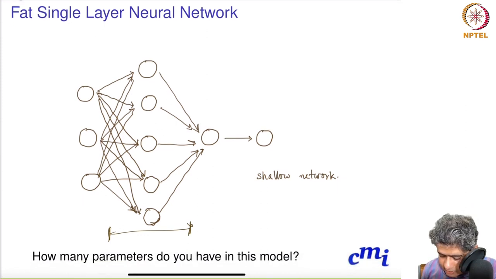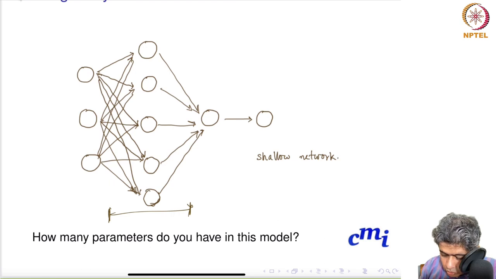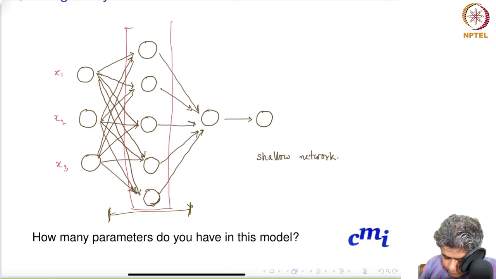So what happens? Here is an example. You have 3 features, x1, x2, x3, and you have a single layer network, a single hidden layer network, with Z1, Z2, Z3, Z4, Z5.